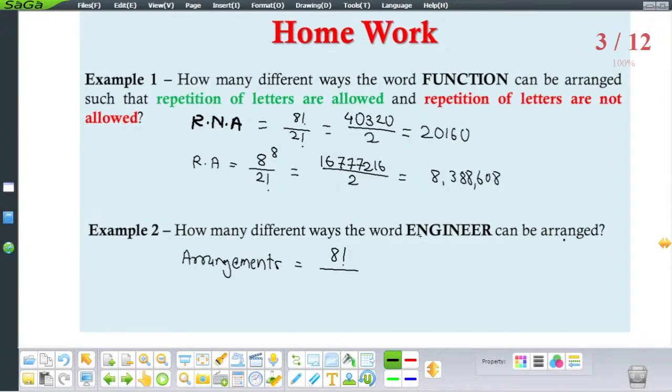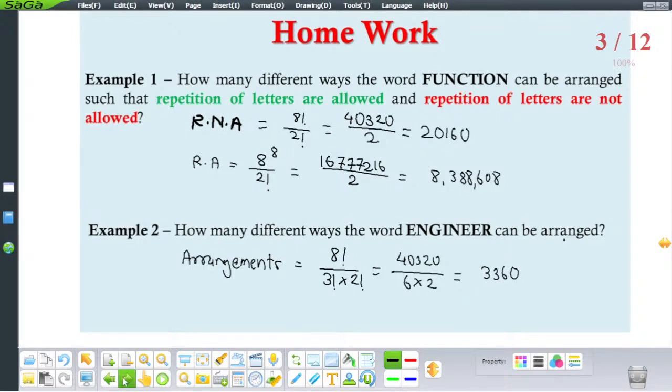E is repeated thrice, so 3 factorial, and N is repeated twice, so 2 factorial. The 8 factorial value is 40320, the 3 factorial value is 6, and the 2 factorial value is 2, and there we get the answer 3360. These are the homework answers.